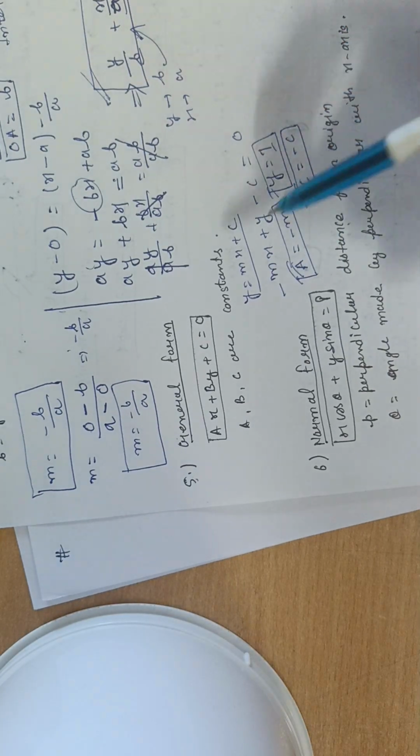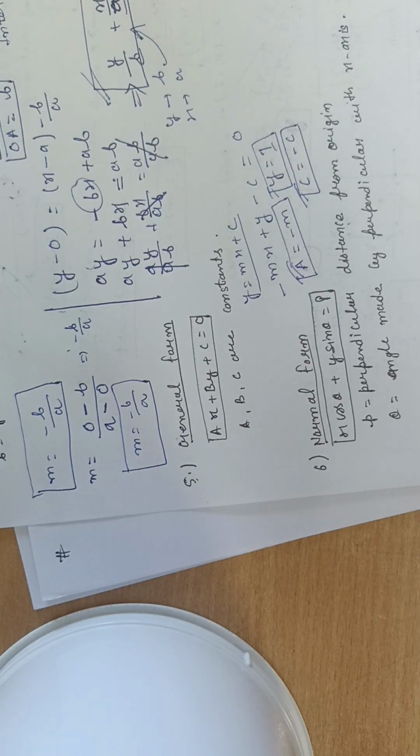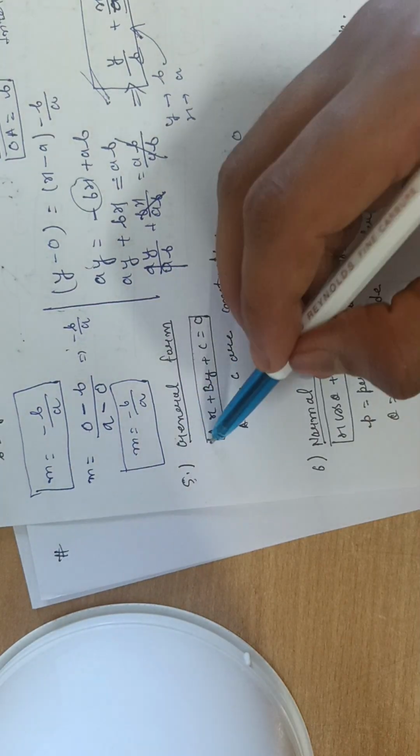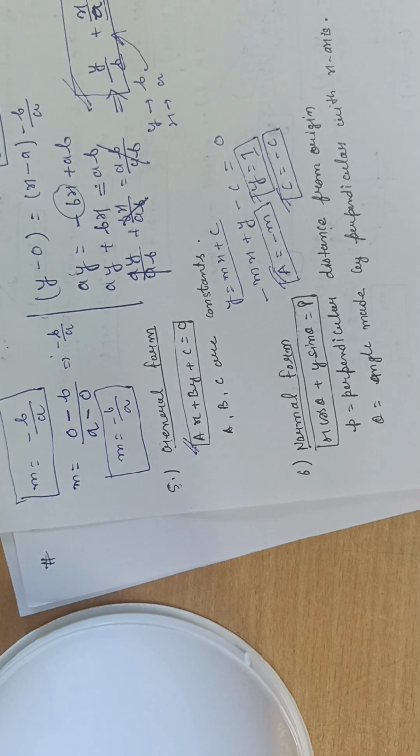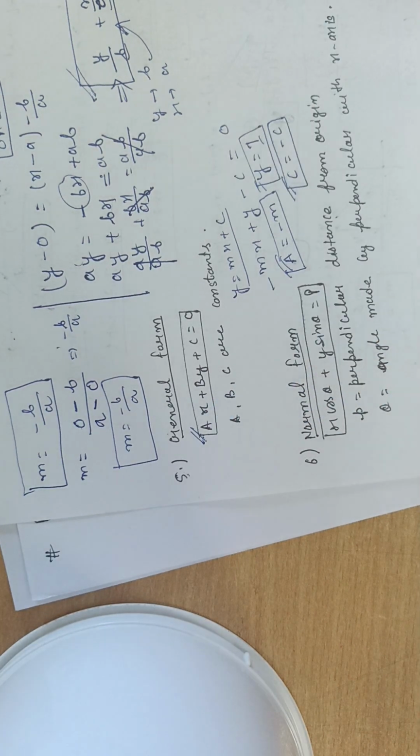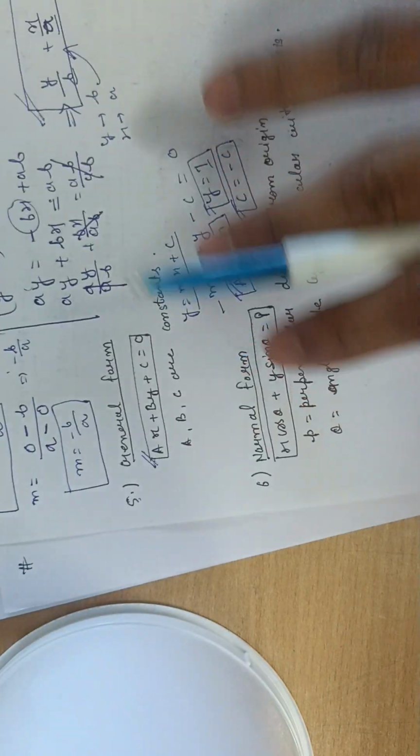So every equation can be converted into this general form. In coordinate geometry, in most formulas, for example when we see the perpendicular distance, we use the general form of the equation to represent the line.